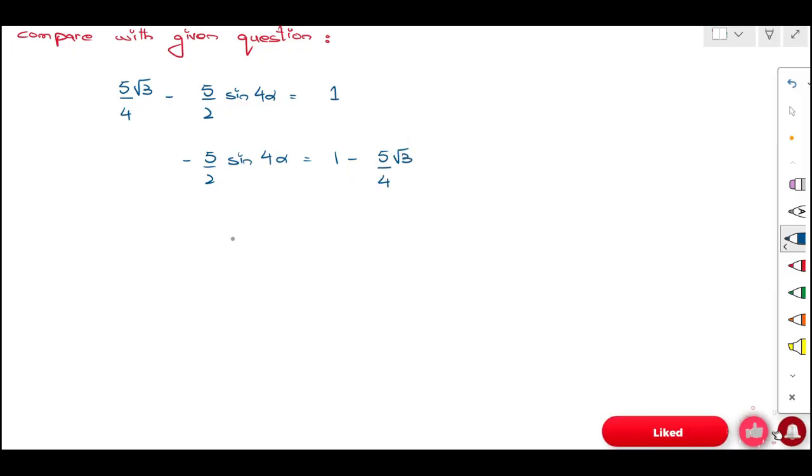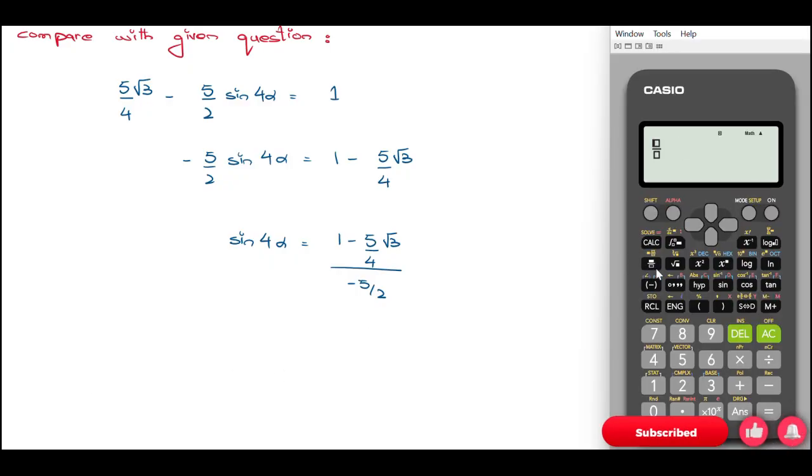Okay, and sine of 4 alpha would be 1 minus 5 by 4 square root of 3, and this thing divided by minus 5 by 2. Okay, let me simplify this. We have 1 minus 5 square root of 3 divided by 4, everything divided by minus 5 over 2.